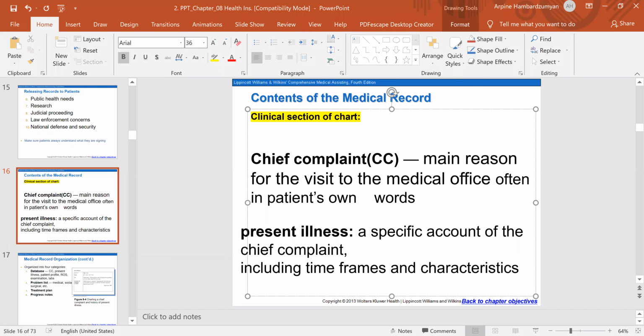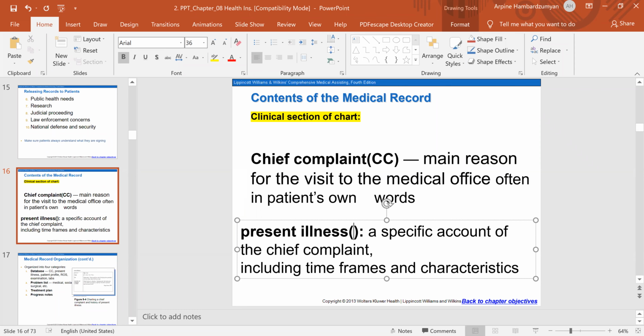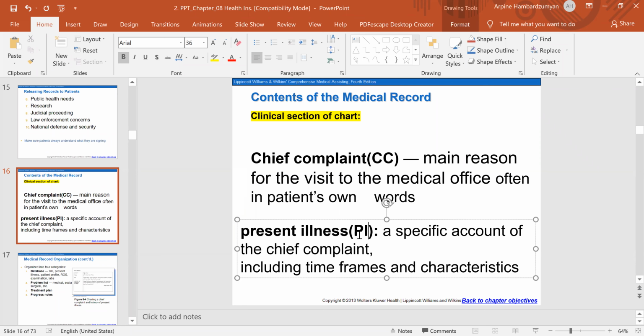Correct, because lowercase is cubic centimeter, or milliliter. Present illness: specific account of chief complaint. It means if the patient came with headache, you put there more information. Maybe it is in the morning, maybe it is in the evening, maybe it is after the stress. So present illness gives more information about the chief complaint.